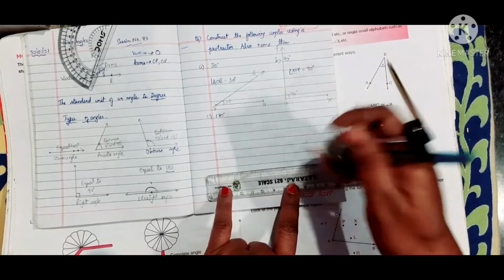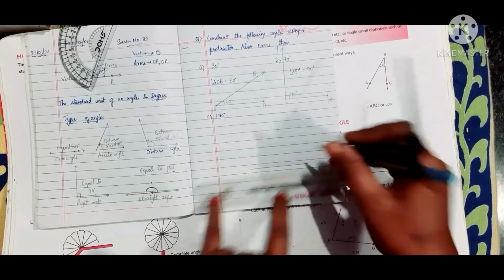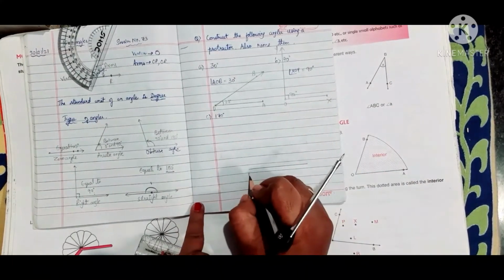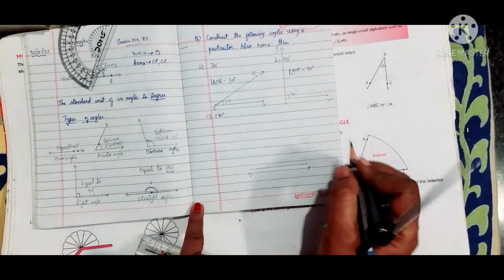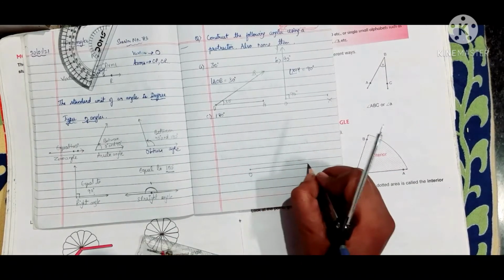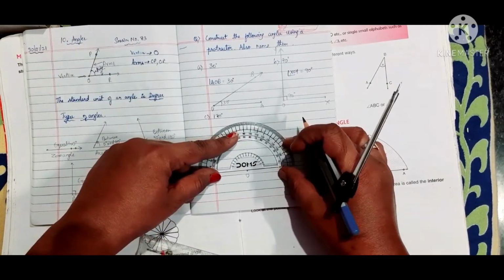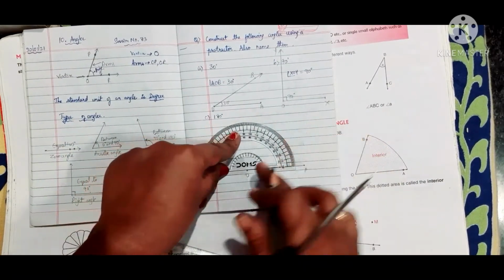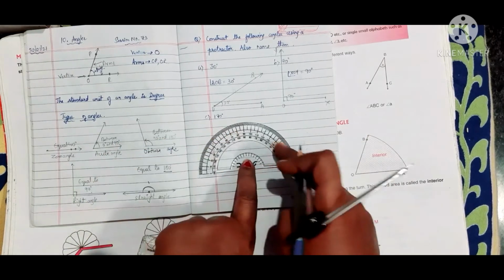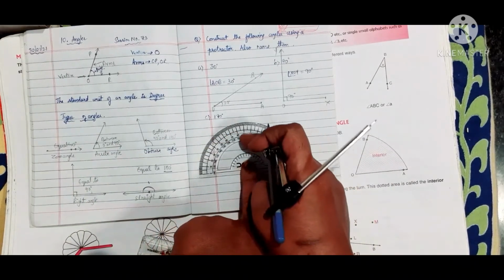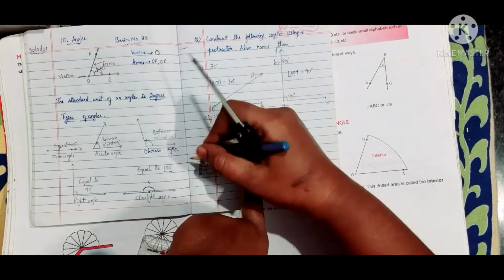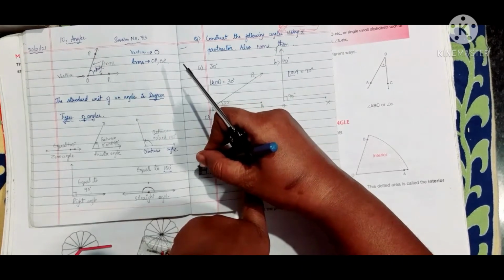First let us draw the line segment, call it OP, and at O take the protractor and measure from the right side 0, 90, and then we need 170 degrees.